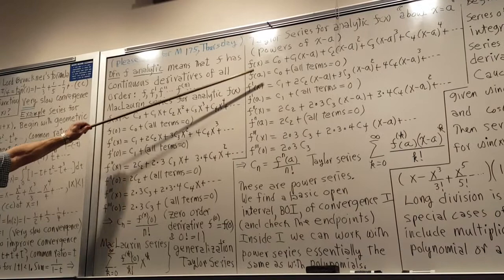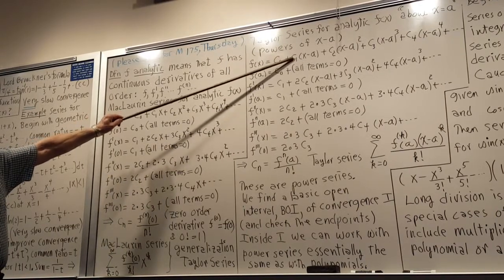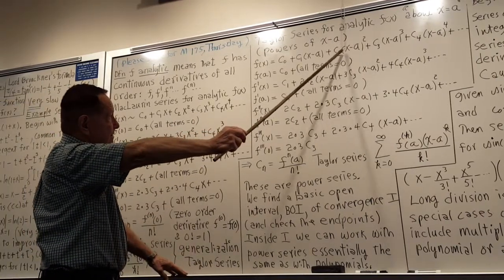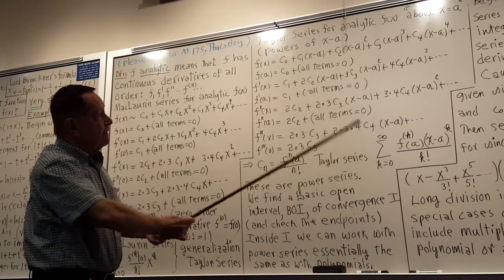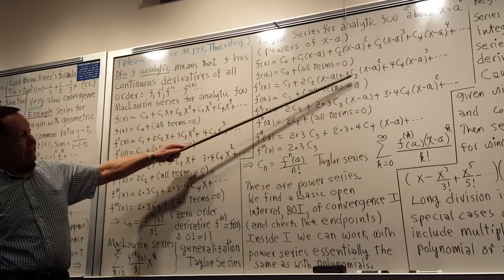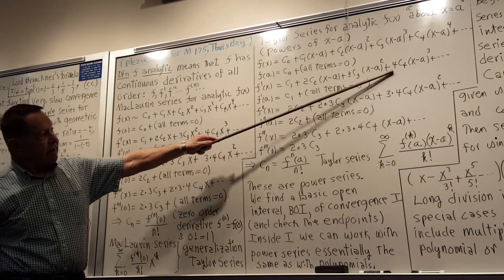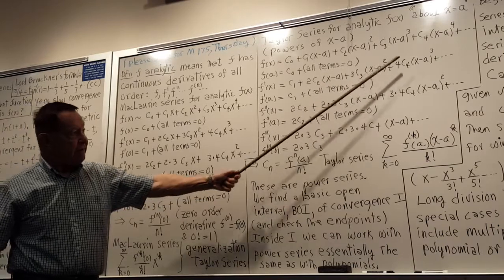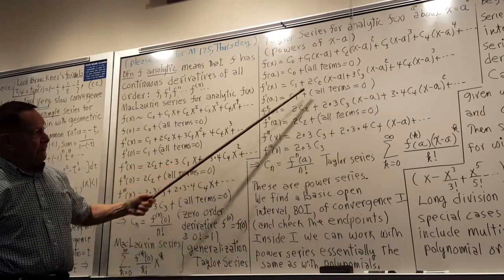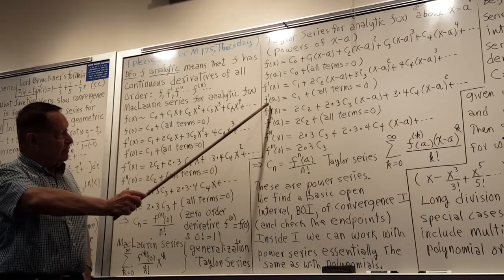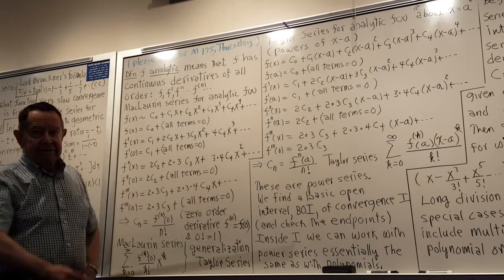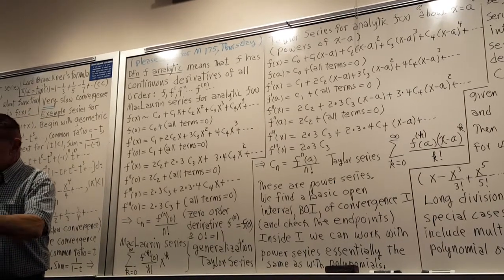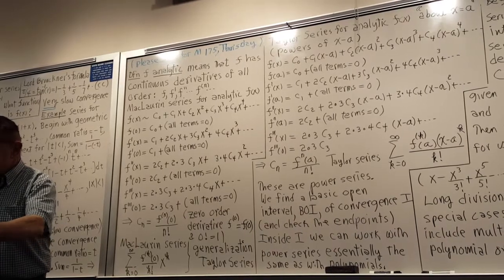So you'd have f prime, and then you'd have C1, and then you'd have 2 times C2 times x minus a, 3 times C3 times x minus a squared, and so on like that. And if you put a there, and there, and there, and so on, those are gone. So C1 will be f prime at a. So it's the same game, except it's evaluating the function and then the derivatives at a instead of at 0.